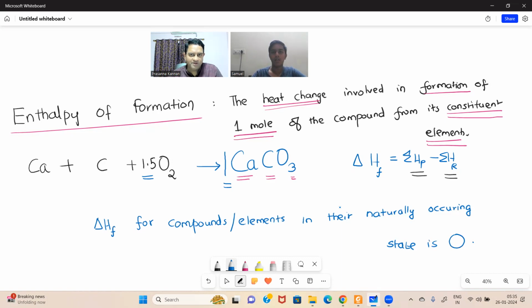So when a compound is in its naturally occurring state, I don't have to supply energy, or there is no energy released in the formation of it. Therefore, the enthalpy of formation of such compounds will be 0. For instance, oxygen naturally occurs in the form O2. So for O2, what is the enthalpy of formation? 0.